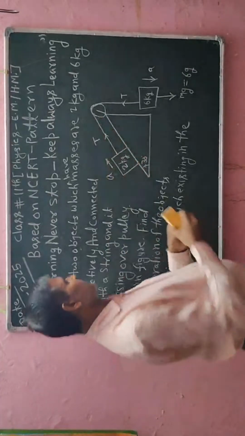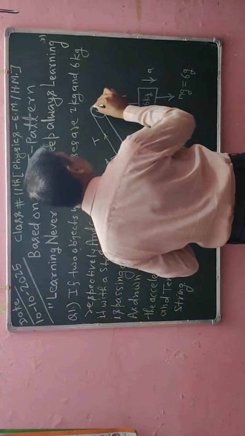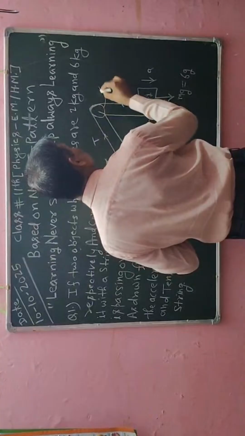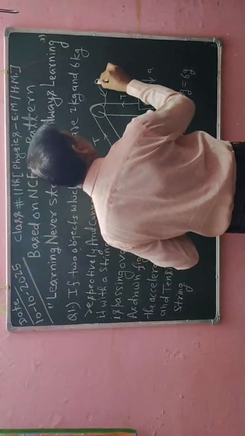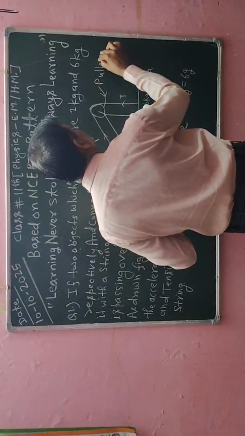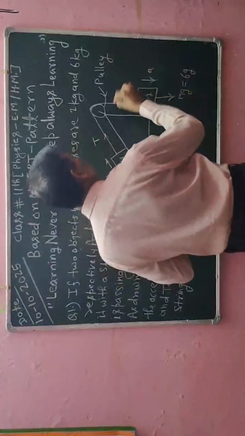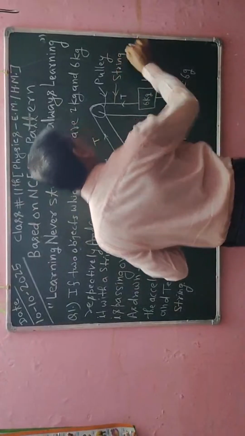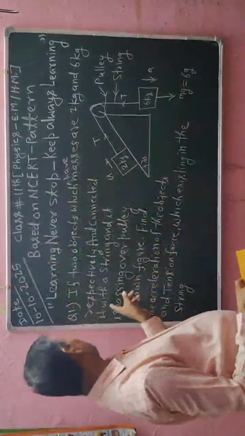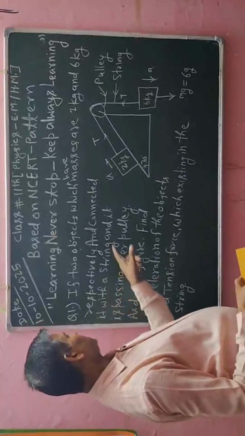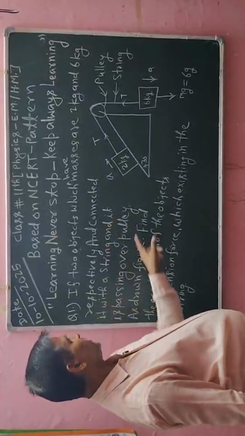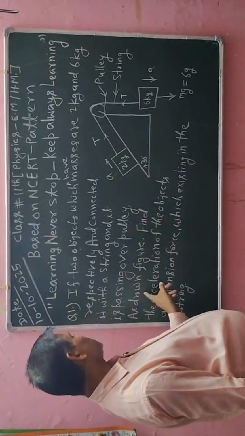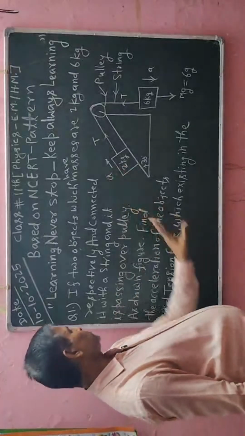So this is a pulley, P-U-L-L-E-Y, and this is a string, S-T-R-I-N-G. So the string is passing over a pulley. Now, as shown in the figure, the figure is also drawn here.